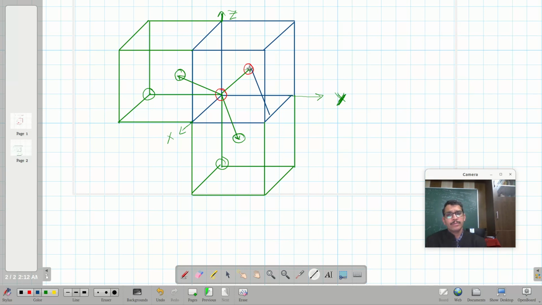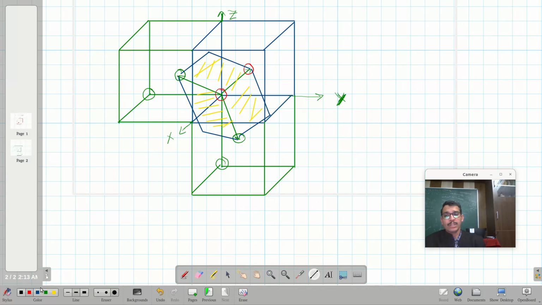This is one and this is another which I have drawn here, and basically this cell which I have drawn is the primitive cell.